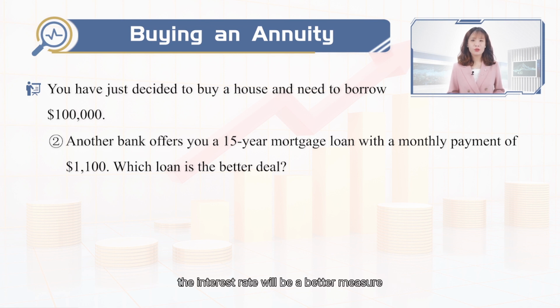Here, the interest rate will be a better measure. Again, by the formula of PV for the ordinary annuity, PV is $100,000, A is $1,100, and N is 180.